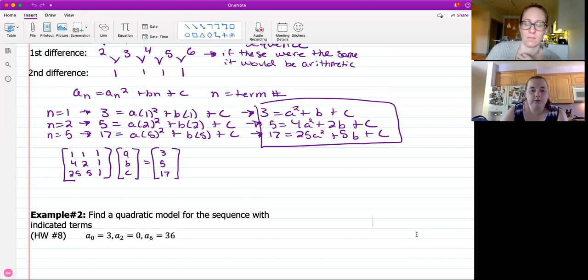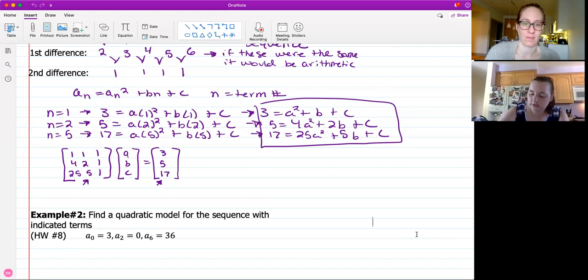Remember, you're going to do this in your calculator, so you're going to need to put in this matrix, find the inverse of that coefficient matrix, and then multiply it by our solution matrix. Make sure you're multiplying it on the left side of your solution matrix since it's on the left side of your variables.